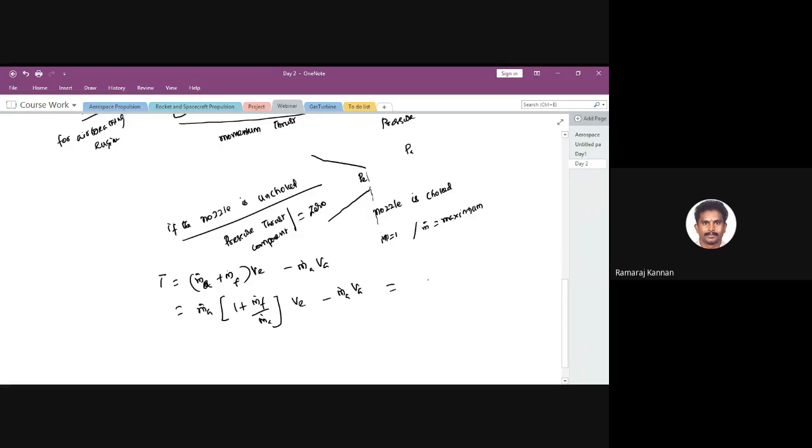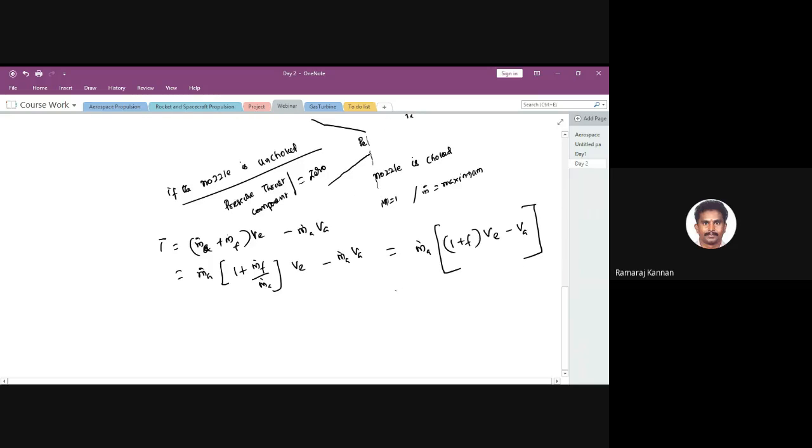Further we can write it as m dot a into [(1 plus f) into Ve minus Va]. This is your momentum thrust. Here f is m dot f by m dot a, which we call the fuel to air ratio.